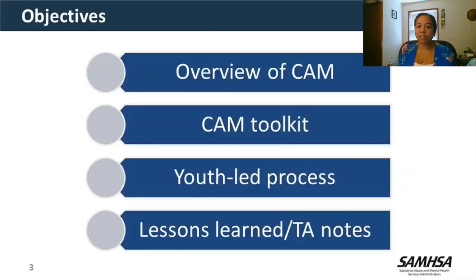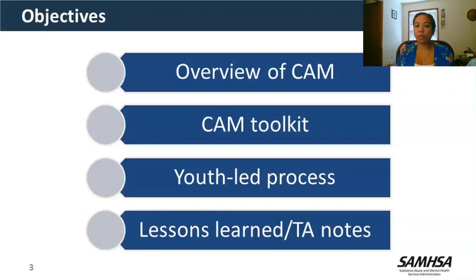Our objectives today are to go through an overview of the community asset mapping process. As you saw, this webinar was titled Part 2. Last year we did a webinar on community asset mapping, the process, the data collection methods, and what it's used for. So today we're going to do a short overview for people who maybe weren't on that first webinar, or as a refresher since it has been about a year.